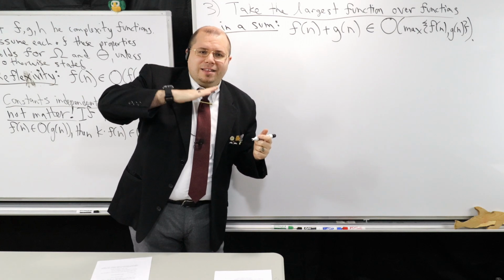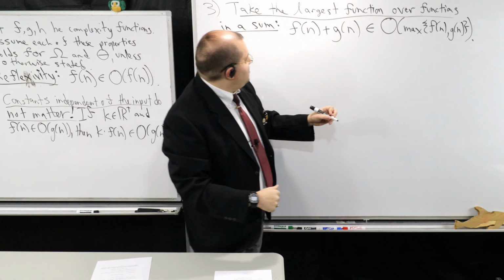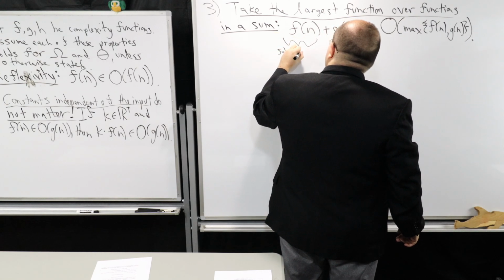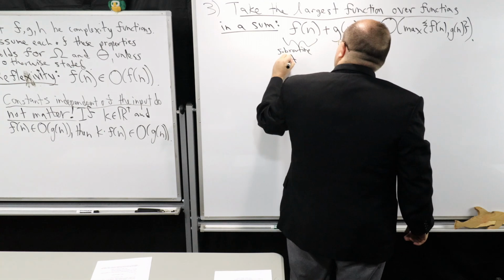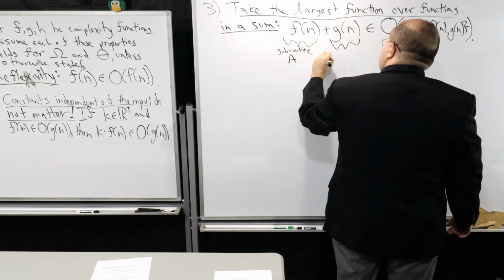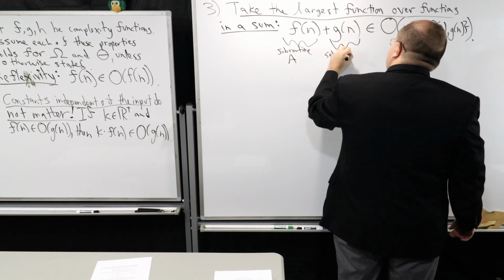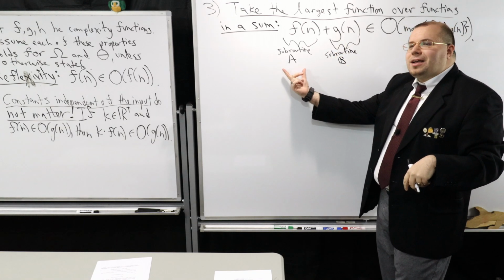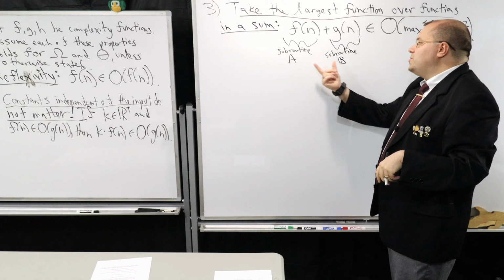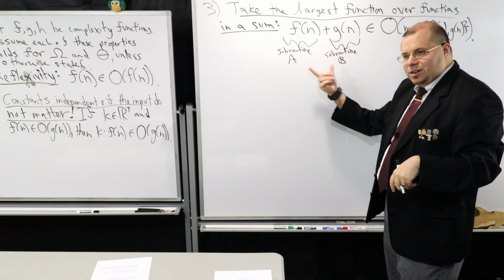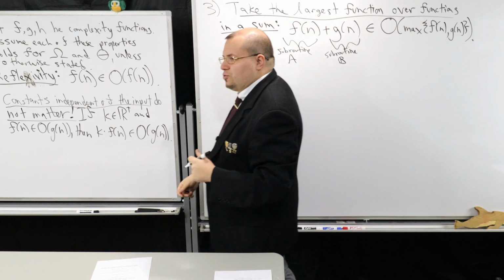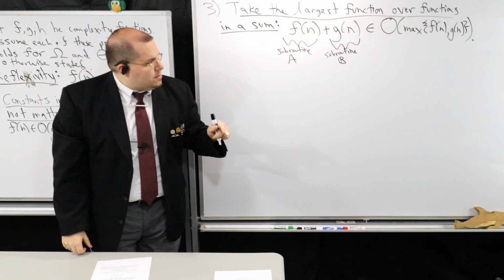So subroutine A and subroutine B. Say this is subroutine A, and this is subroutine B. So I want to talk about the complexity functions. These are the representations of those complexity functions for these two. Imagine I do worst case analysis on each subroutine, and I derive f, and I also derive g.